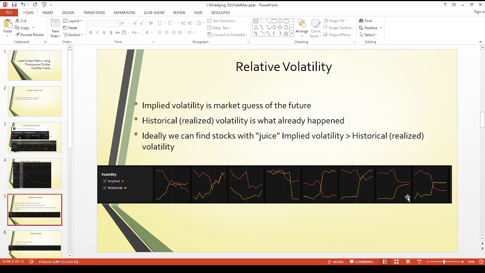So over time, if you're invested in a certain YieldMax ETF, ideally you want to see the implied volatility be above historical volatility, because that shows there's probably more action coming into the options, and since the YieldMax funds are trying to take advantage of higher call premiums, we can sell them and get more juicy premiums.